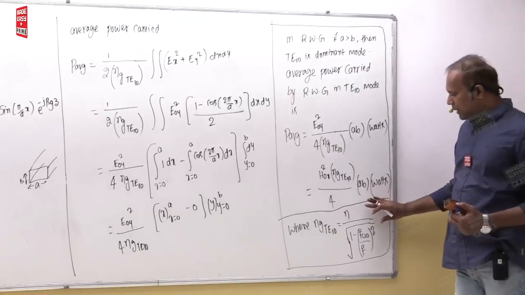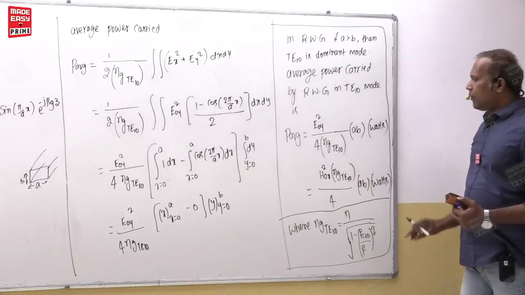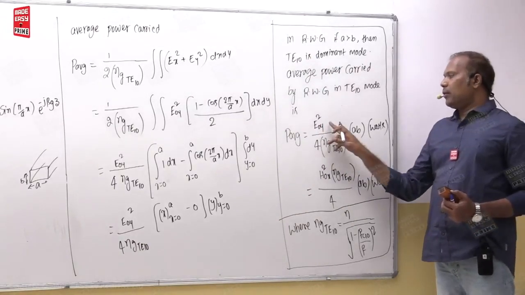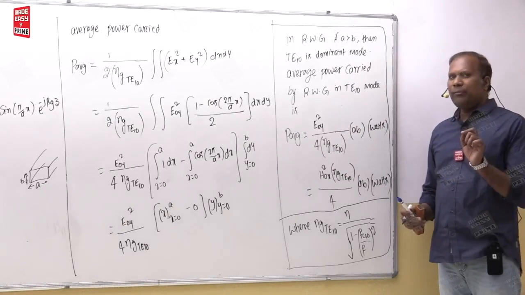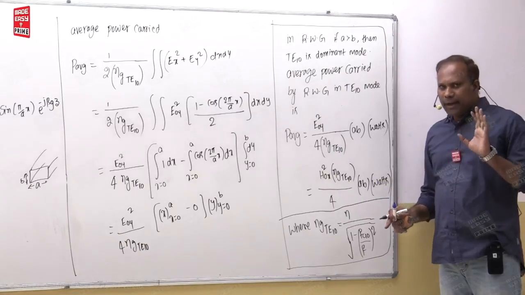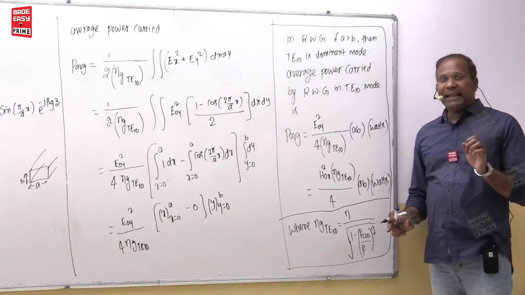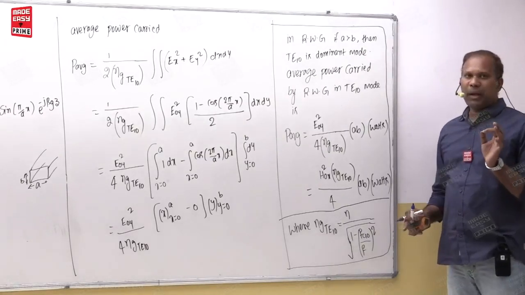E0Y is called the maximum value of the electric field Y component. Electric field is also called dielectric stress, because the electric field unit is volt per meter.